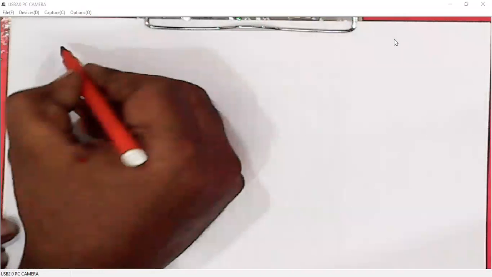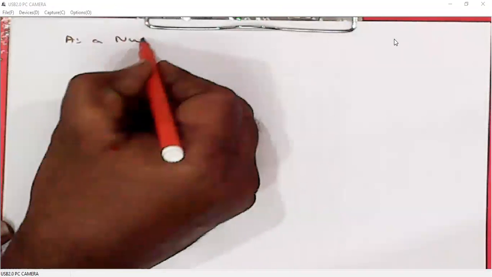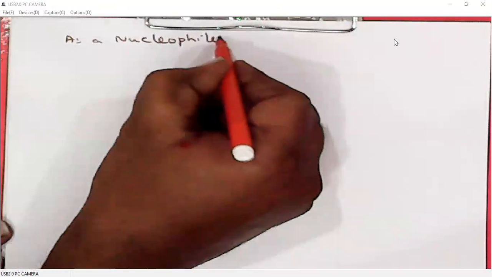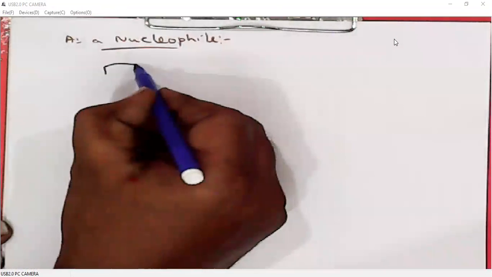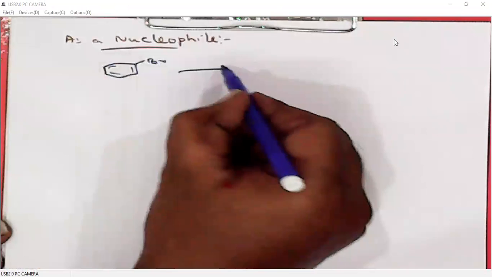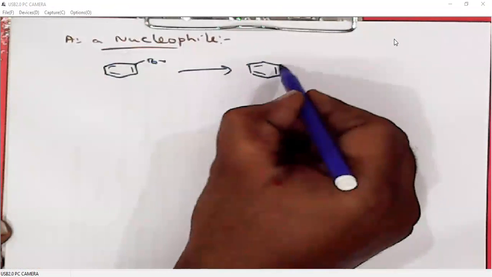Now we look at the reactivity of Grignard reagent as a nucleophile. How do we convert bromobenzene to benzene?